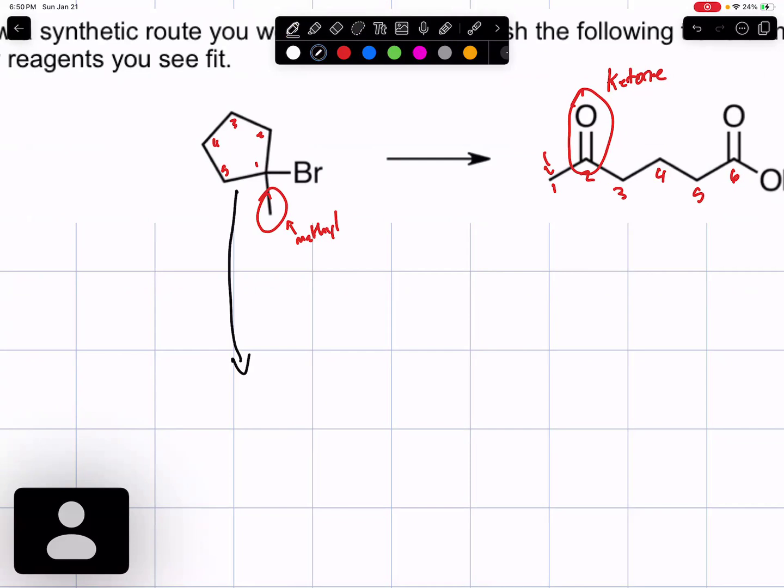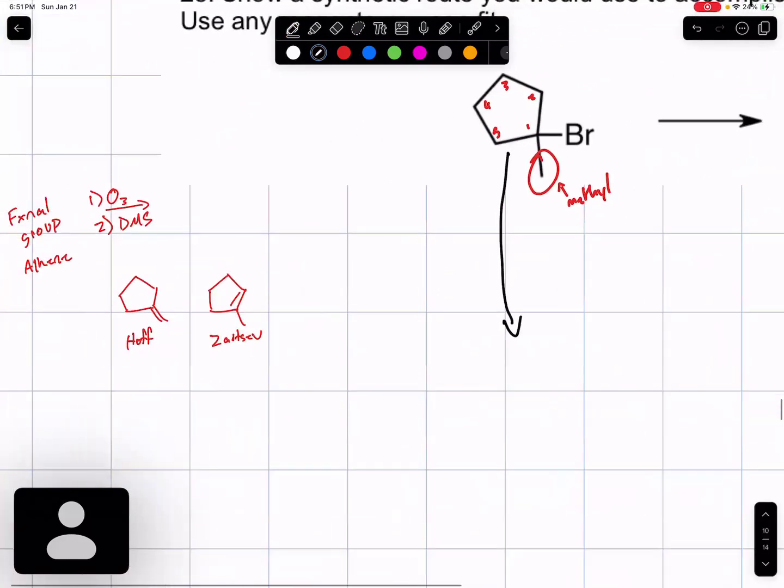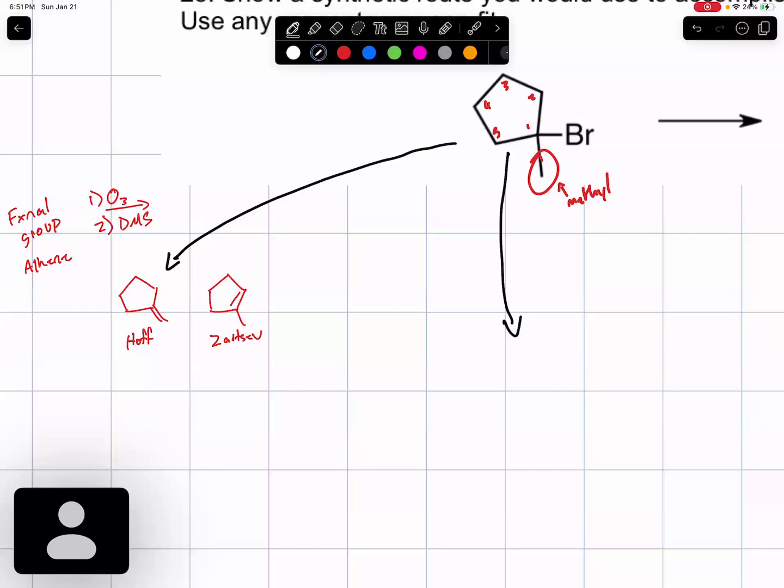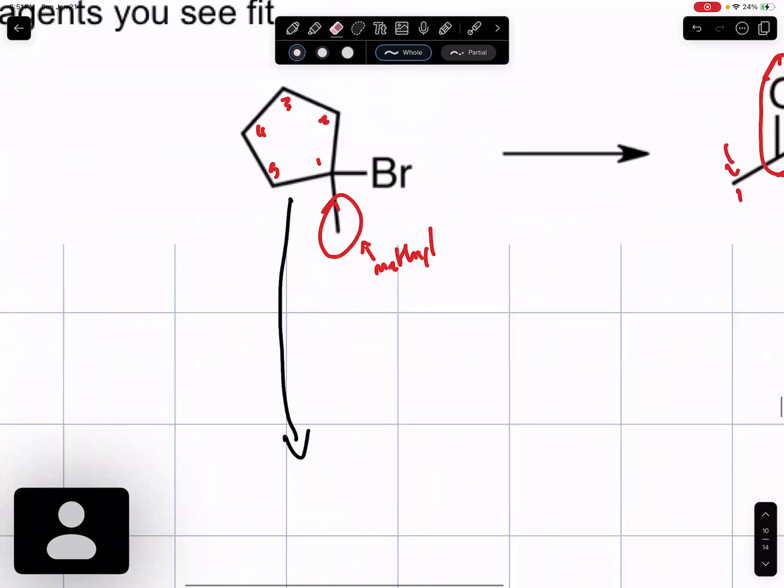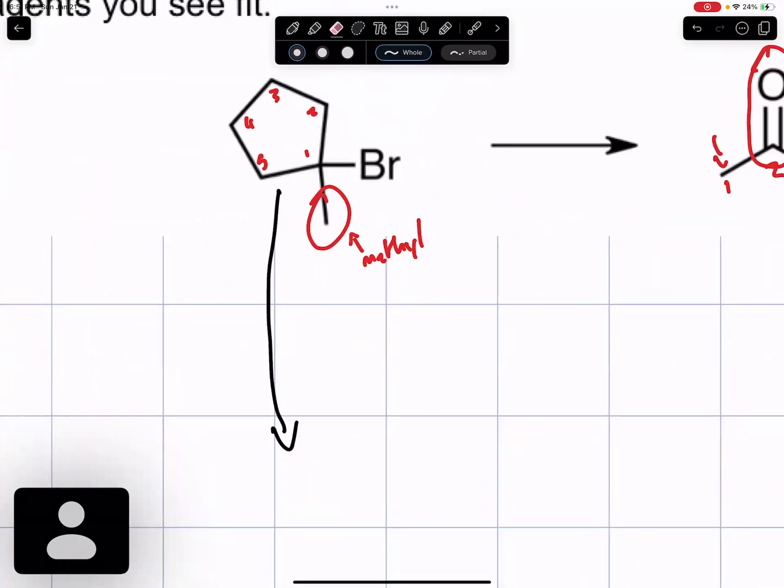No, because if we did bulky base, we would get to our Hofmann alkene. That would be an E2 elimination. So we have to use a small base.